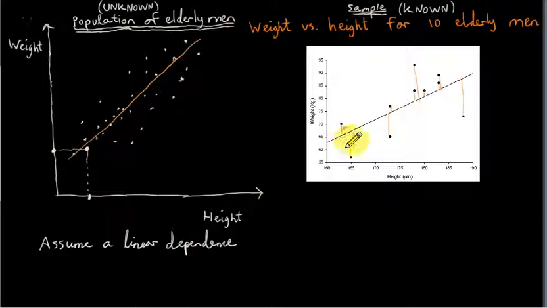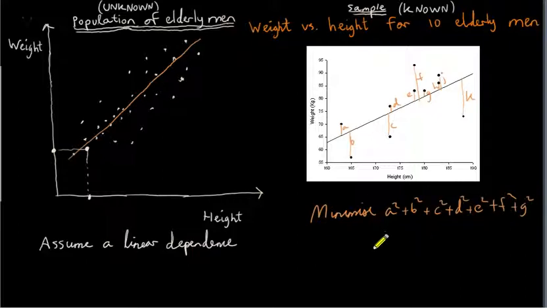So we call this distance A, this distance B, C, D, E, F, G, this one H, this one J, and this one K. So we minimize A squared plus B squared plus C squared plus D squared plus E squared plus F squared plus G squared plus H squared plus J squared plus K squared.